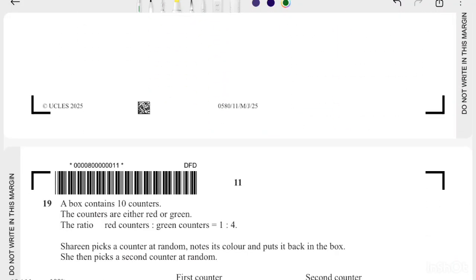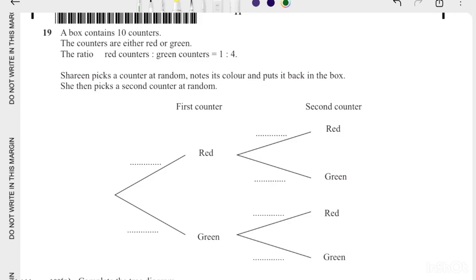Question. A box contains 10 counters. The counters are either red or green. The ratio of red counters to green counters is 1 ratio 4. Shireen picks a counter at random, notes its color, and puts it back in the box.